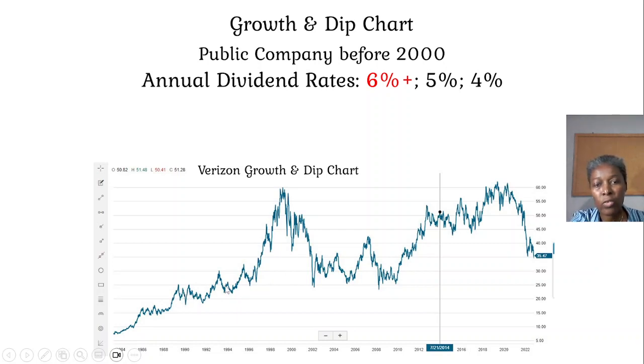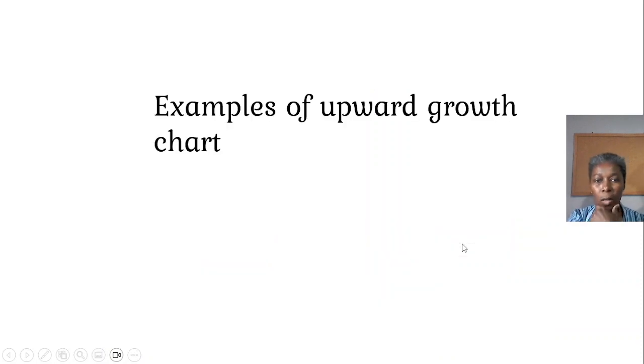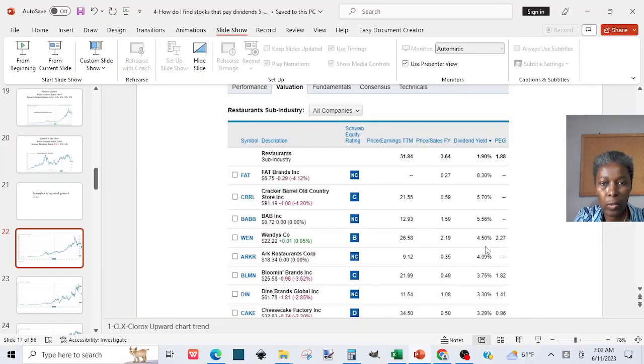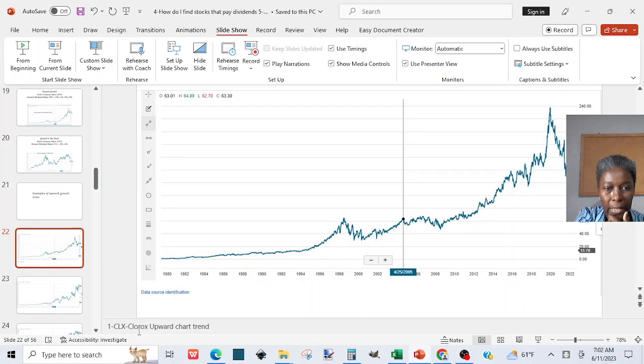So you still want to see a growth pattern in the chart trend, even if it's showing you a big jump up, big jump down. Okay, so an example of an upward chart. I think I might just have to go back to the other because I have some notes and I can show the notes.